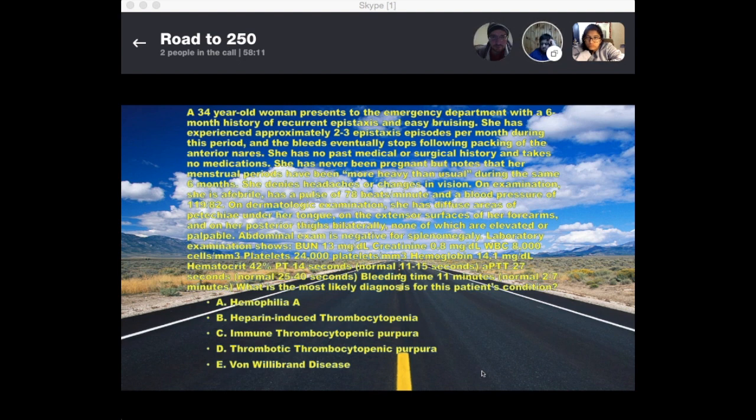So, how do you differentiate immune versus thrombotic thrombocytopenia? Abdominal exam is negative for splenomegaly.